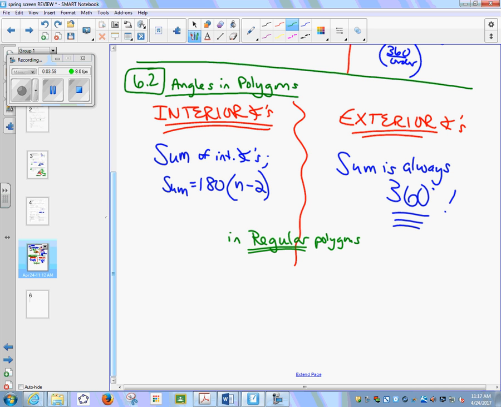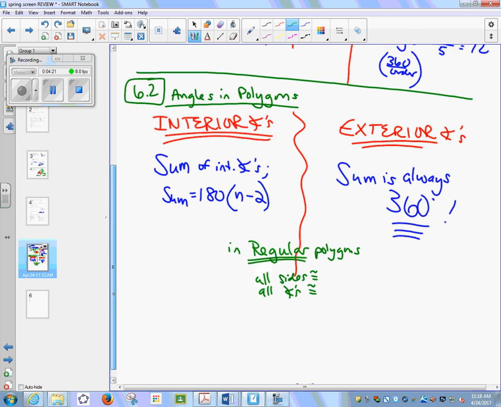Yep. All the sides are congruent, all the angles are congruent. So remember what that's called? Equiangular and equilateral. Equilateral is equal sides, equiangular is equal angles in regular polygons.